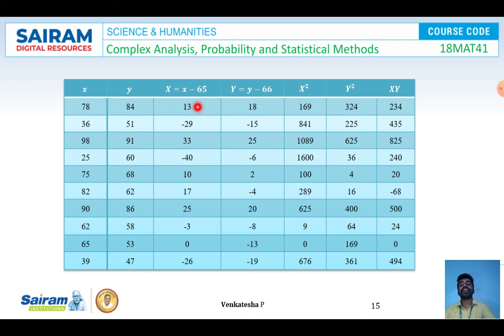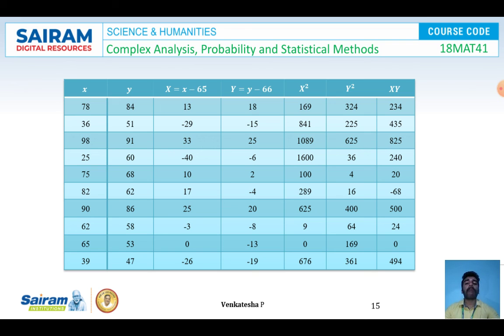Capital X is given by 13, minus 29, 33, minus 40, 10, 17, 25, minus 3, 0, minus 26. And capital Y is given by 18, minus 15, 25, minus 6, 2, minus 4, 20, minus 8, minus 13, minus 19.